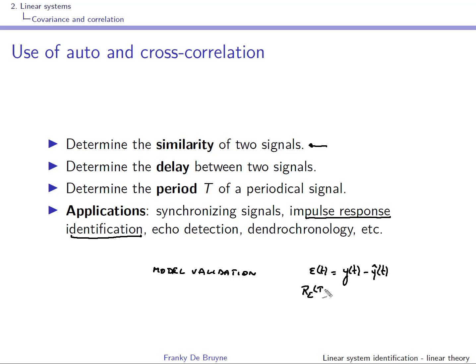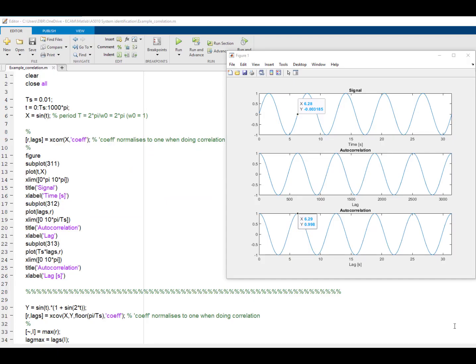So it's r epsilon of tau based on n data, and we'll also compute the cross-correlation function of the residuals, the epsilon, with the input, and again based on n data. And we'll see later on in the course that we can use these two correlation functions to validate or invalidate a model. Well, here is a first example in Matlab to determine the period of a periodic function.